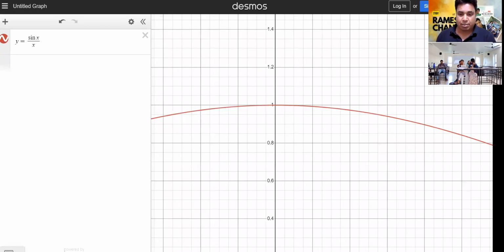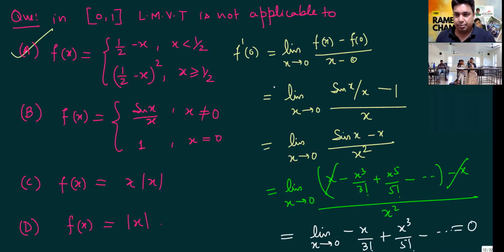So it's differentiable. Any doubt, kids? It's differentiable and it is continuous too in 0 to 1. So Rolle's and LMVT will be applicable in this. So is this the answer?